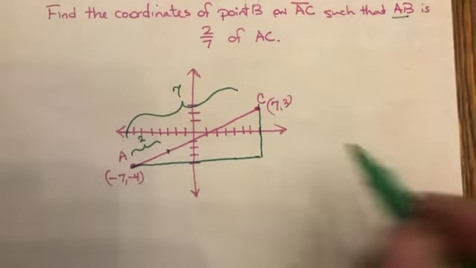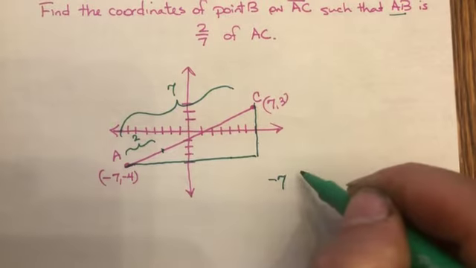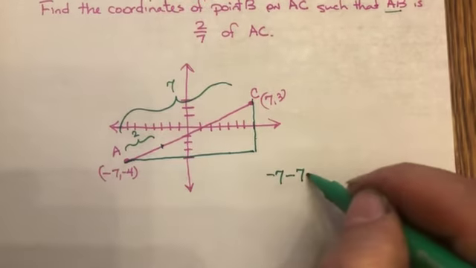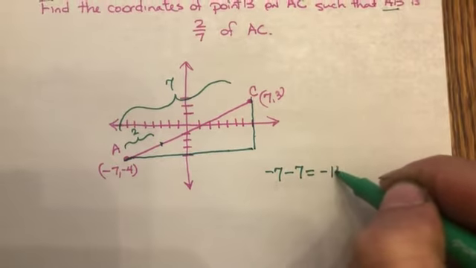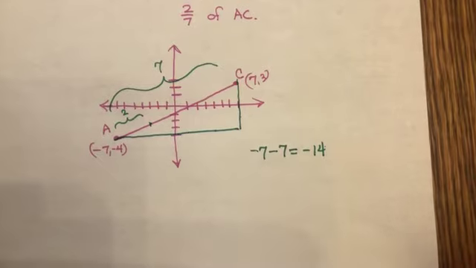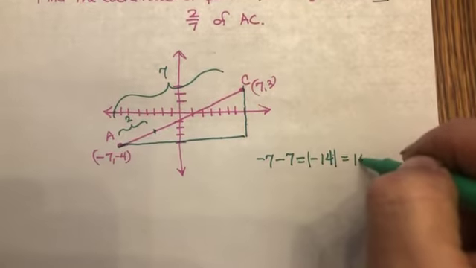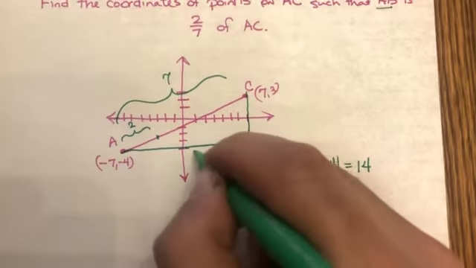So going horizontally, I'm going from -7 minus +7. And again, distance is never negative. So my horizontal distance is 14.